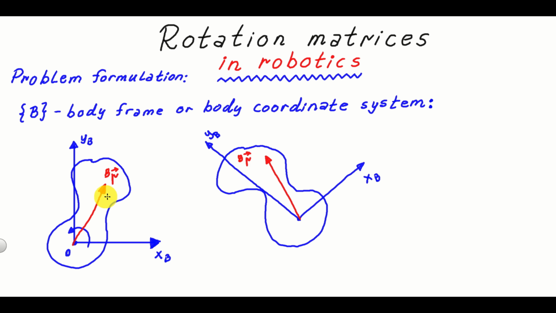Now, since this vector is a body vector, it's continuously rotating. However, this angle over here that this vector makes with the xb axis is always constant. That is, over here is alpha, and over here it's also alpha.